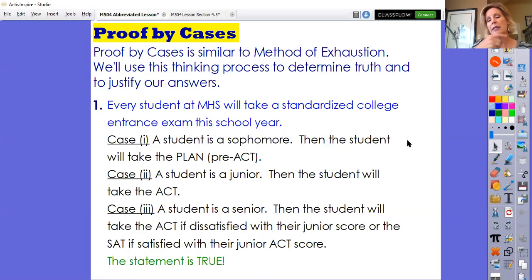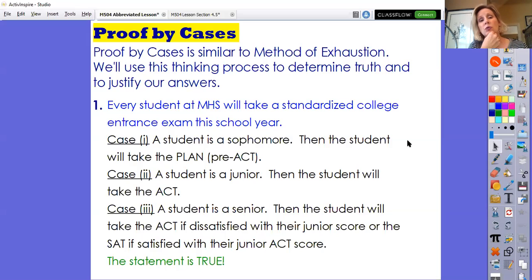So when I start to think about it, I realize the students who are sophomores take the practice ACT, which is the PLAN test. And then the students who are juniors have to take the real ACT. That's dictated by the state.